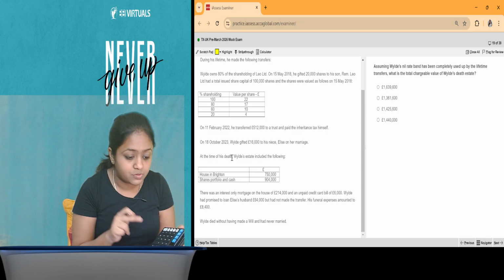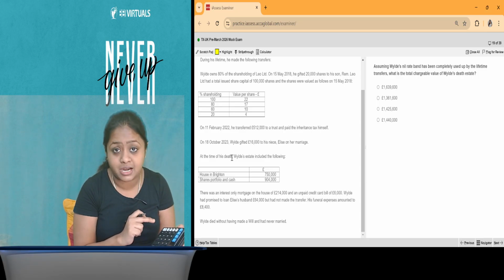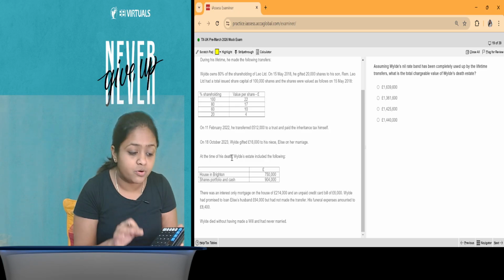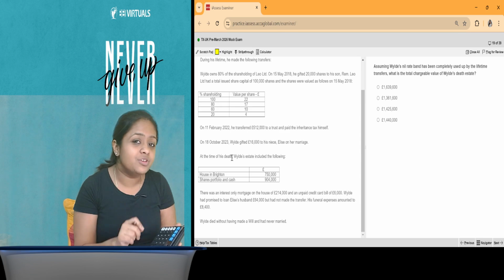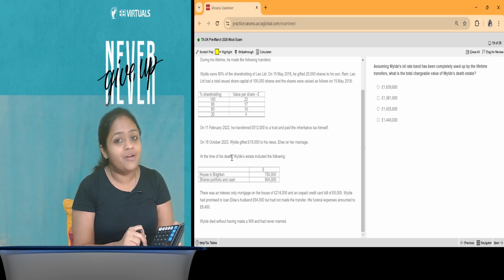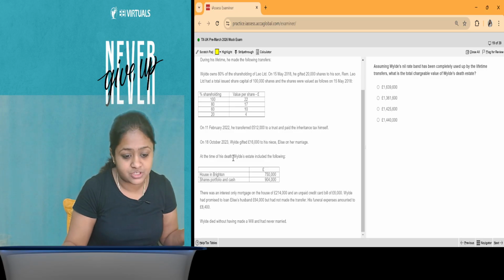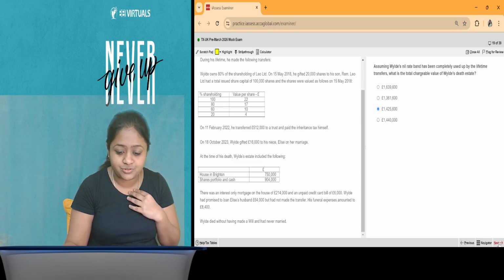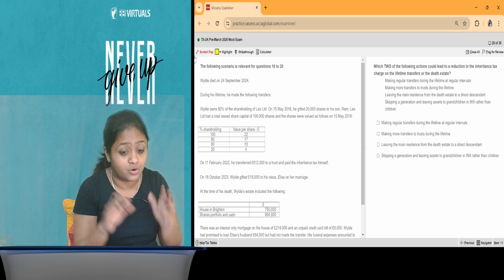Now you will reduce 6,000 for the unpaid credit card bill. Also, you will reduce the funeral expenses, which is 8,400. And I'm sure you know why we are not reducing the promise. So we are getting here 1,425,600, which is your answer. Done. Easy question. All those who tell me, ma'am, IHT haunts us, I'm sure it is not.